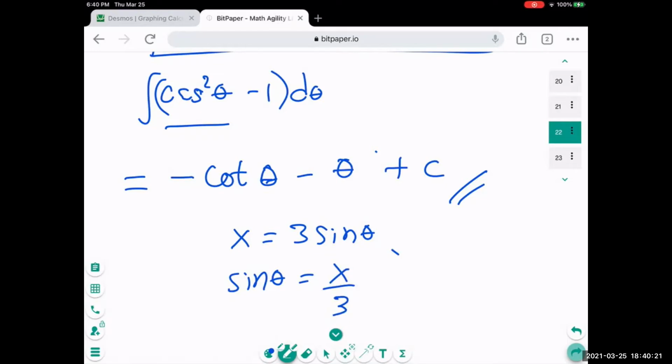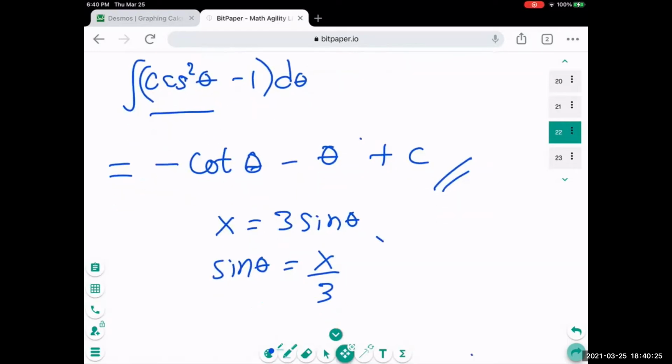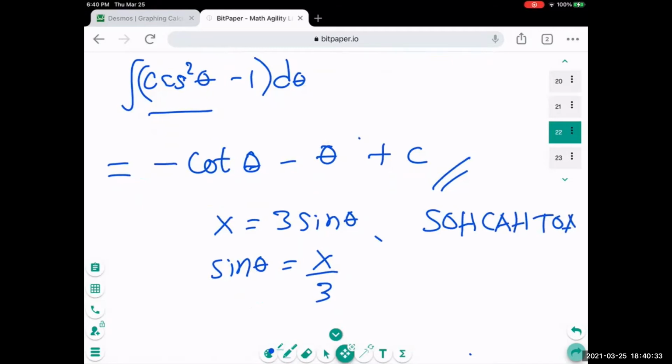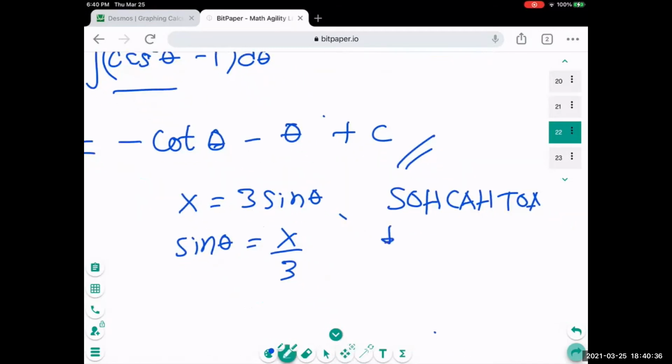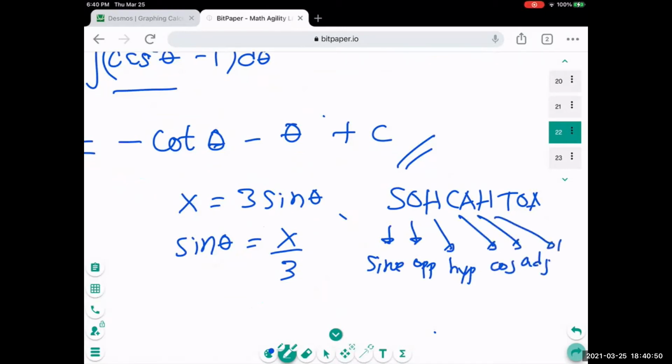So do you remember your SOHCAHTOA? SOHCAHTOA. So our S means this is sine, this is opposite, and this is hypotenuse. And then yung cosine, this means adjacent, and then hypotenuse.